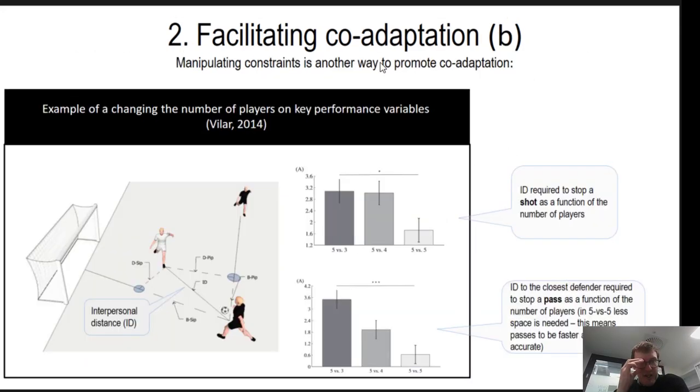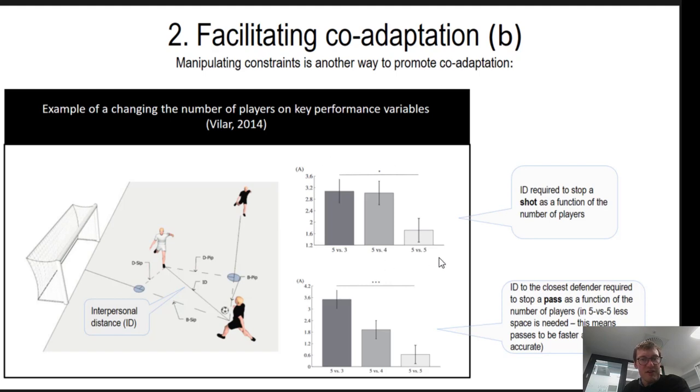To give an example of facilitating co-adaptation in soccer, okay, what I've presented here is, somebody's done some research where they've looked at the interpersonal distance between an attacker and defenders when they do various tasks that are important in futsal. So one task being, for instance, to kick a goal, and another one to pass to a teammate.